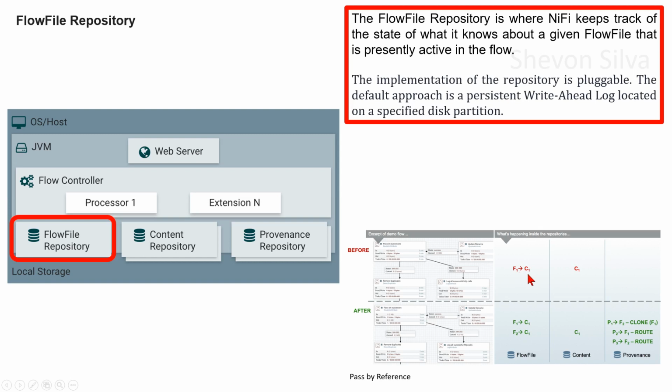Basically, F1 is pointing to C1 in the flowfile repository, and here in the content repository you can see C1.